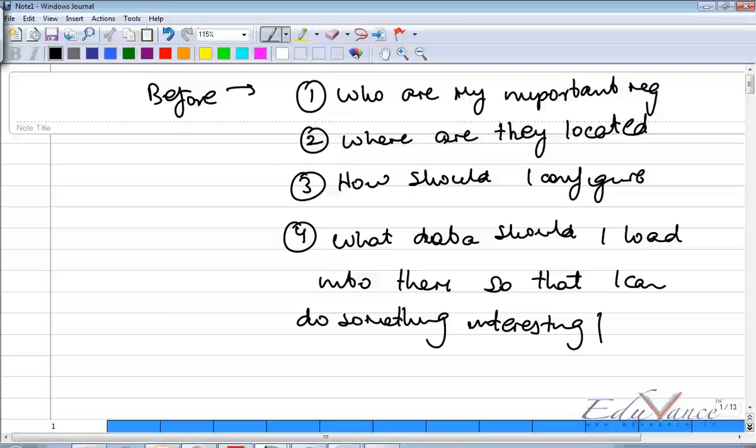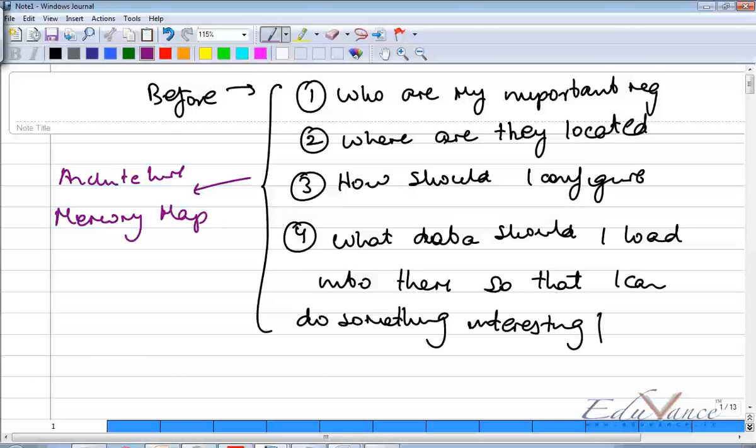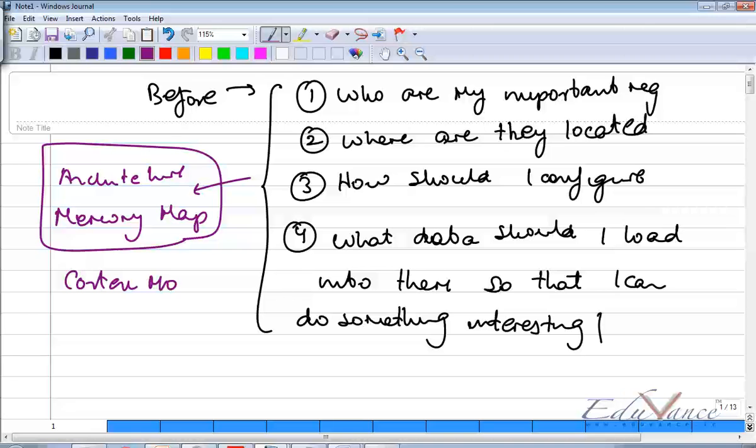All right. So all of this information, we have to go and check the architecture, the memory map of my microcontroller, which in our case is the Cortex M0, but the same concept will apply to other ARM Cortex M series microcontrollers.